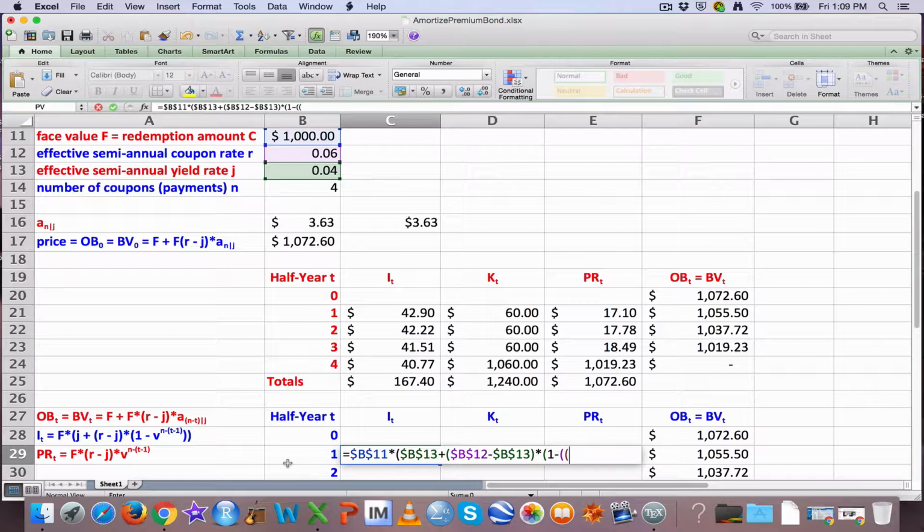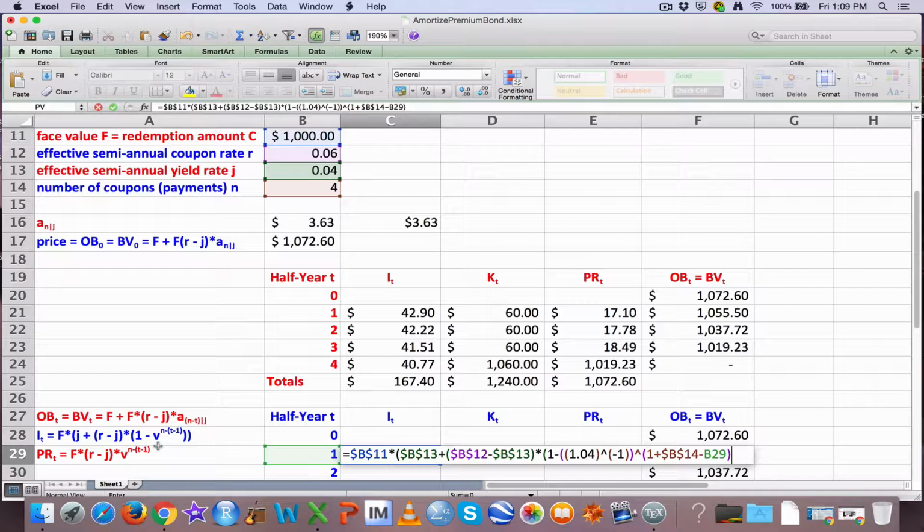Maybe I'll type it in as 1.04 to the -1. Like that. And just use extra sets of parentheses here. To the, careful here, looking at cell A28, the n minus t minus 1 power, which would be the same as n plus 1 minus t. I'll type that as 1 plus n, coming from B14, minus t, coming from B29. This is complicated. Do I have the right number of parentheses here? Let's see.